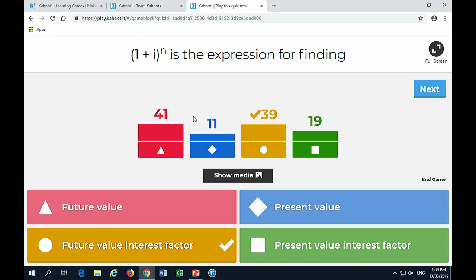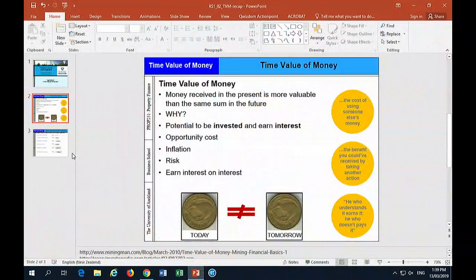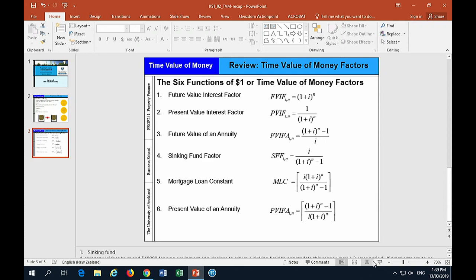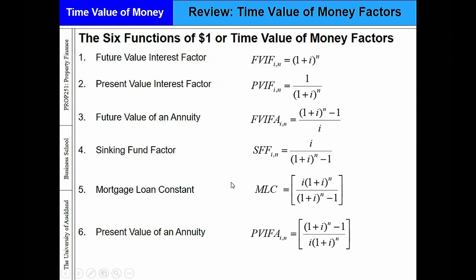What perhaps would help is if I show you this slide. These are the different time value of money factors. You will see that the most basic factor is the future value interest factor.